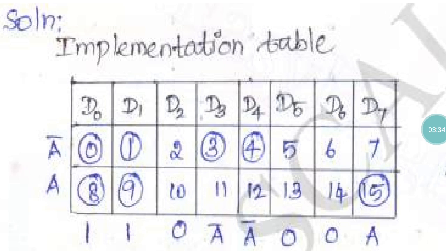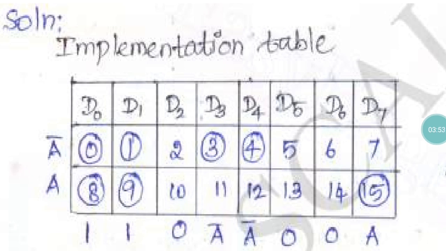We are going to implement the 4 variable function, so the last, 4th variable comes in. For the first 0 to 7, the 4th variable is 0. For the next 8 to 15, the 4th variable is 1. This will be in sequence.